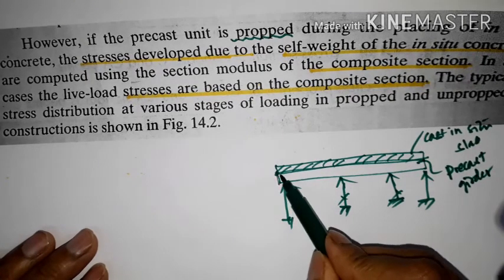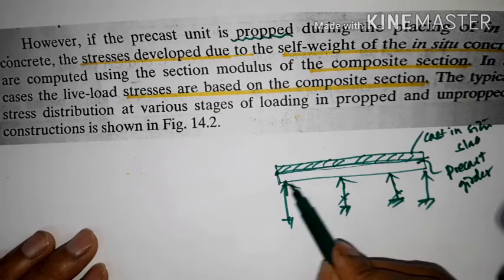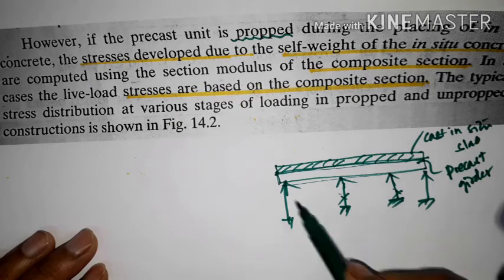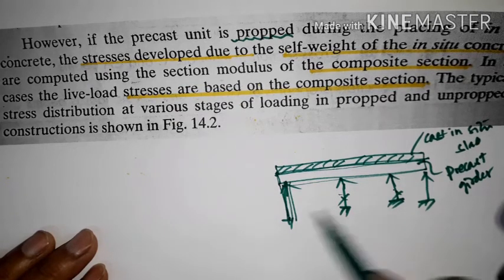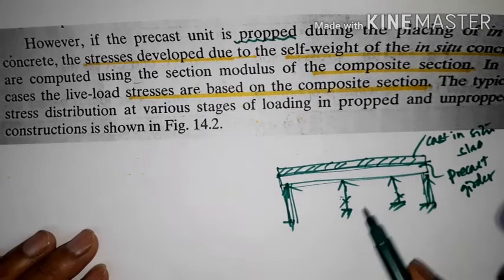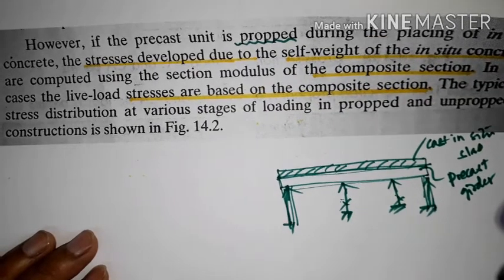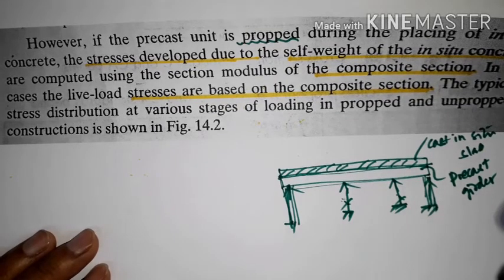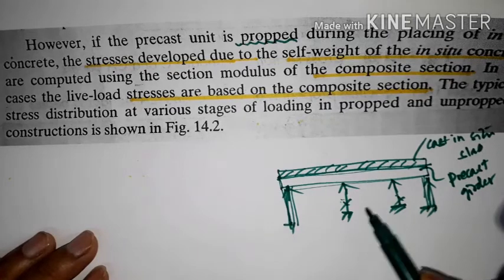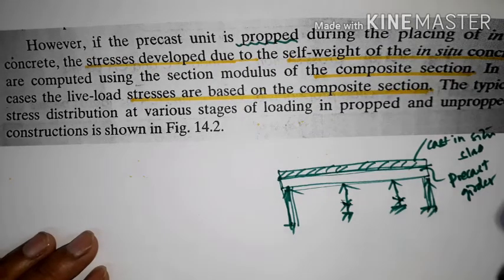First the precast girder is erected and the support is given. At the ends it will be supported over the pier, but if a middle support is given, it is called a middle prop, a temporary support. Then it is called propped. If this support is not given, then it is called unpropped.